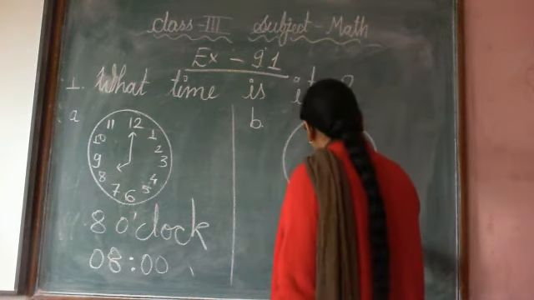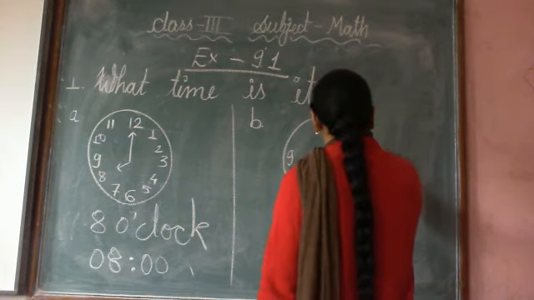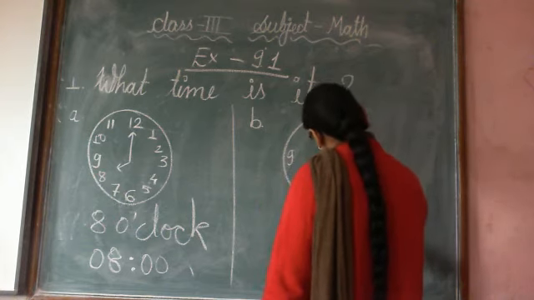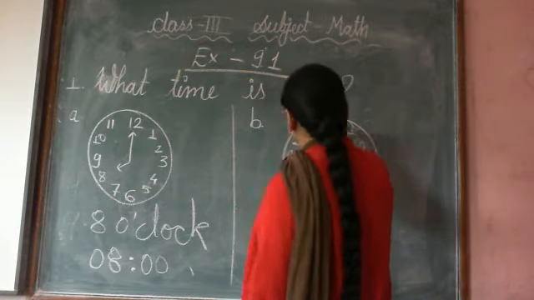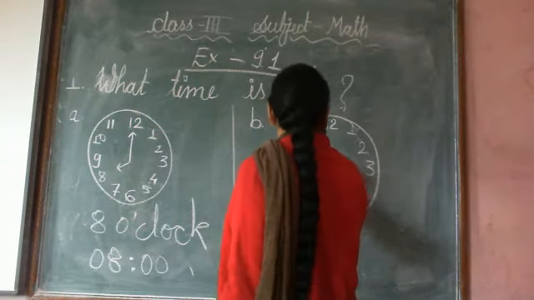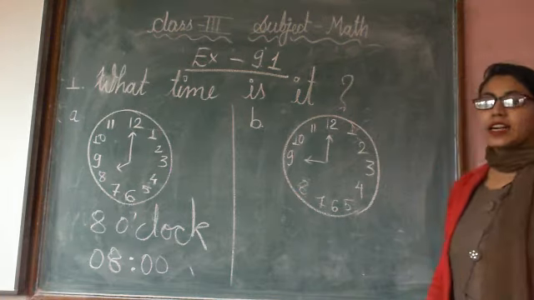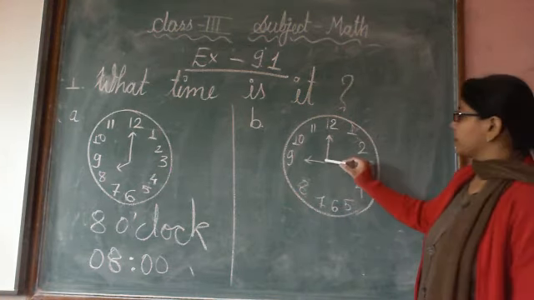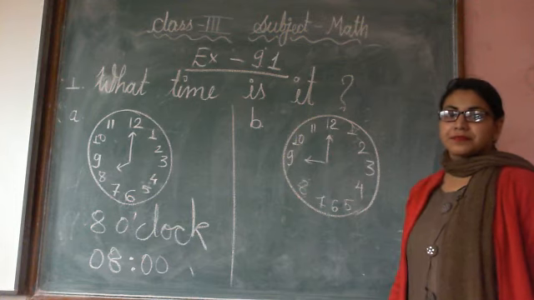Once again, first of all, let me draw the clock. Now, can you read the time? What is the time? See, the short hand is at 9, the long hand is at 12. Very good.